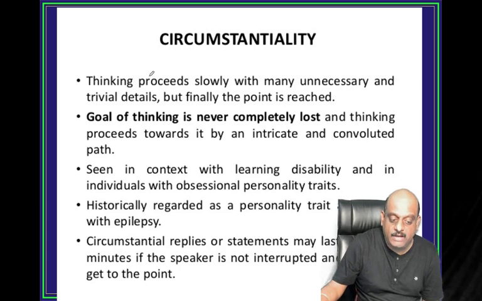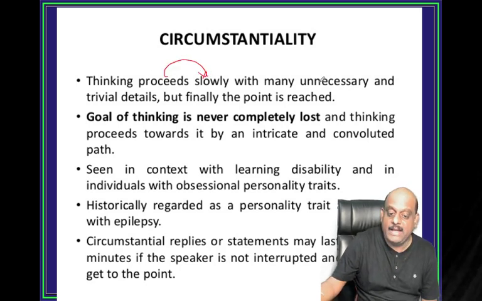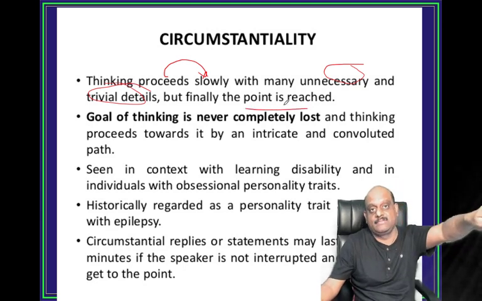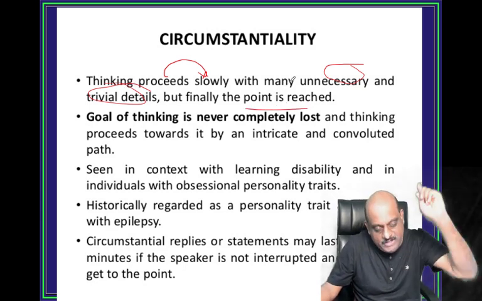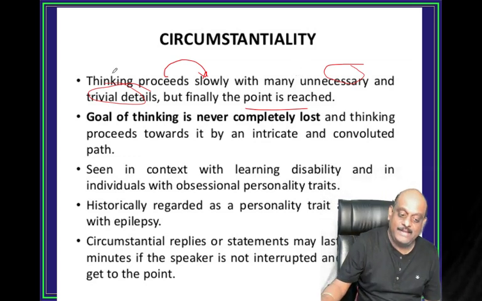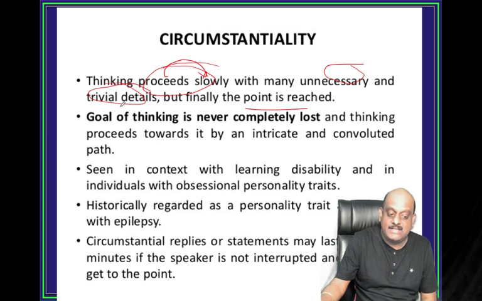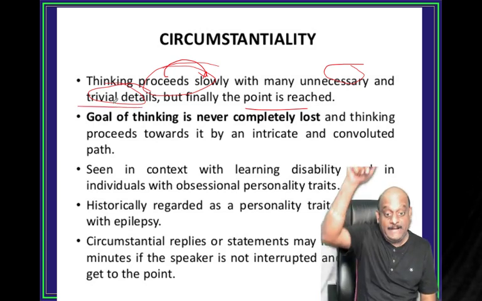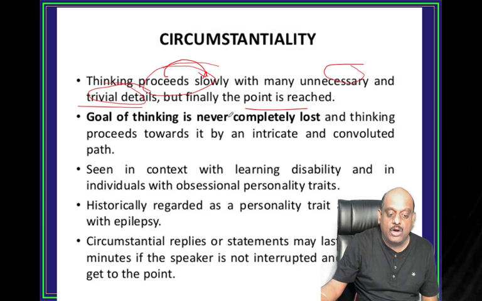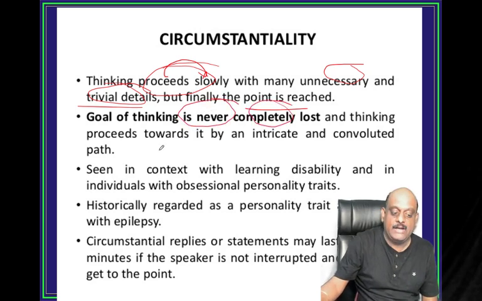Circumstantiality. Thinking will proceed slowly with many unnecessary trivial details, but finally the point is reached. My lord, point is reached. Objection overruled. Thinking proceeds slowly. That's the only difference. With many unnecessary trivial details, but finally point is reached. Goal of thinking is never completely lost.